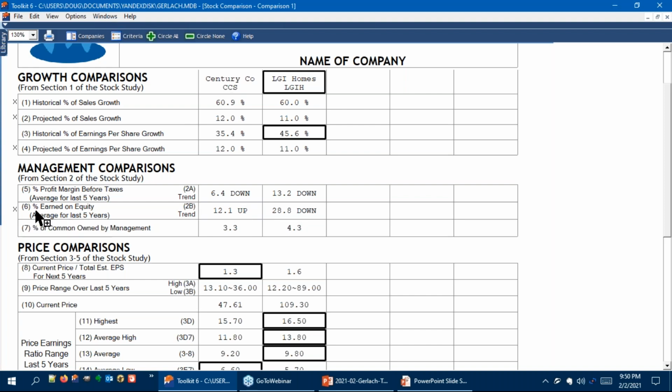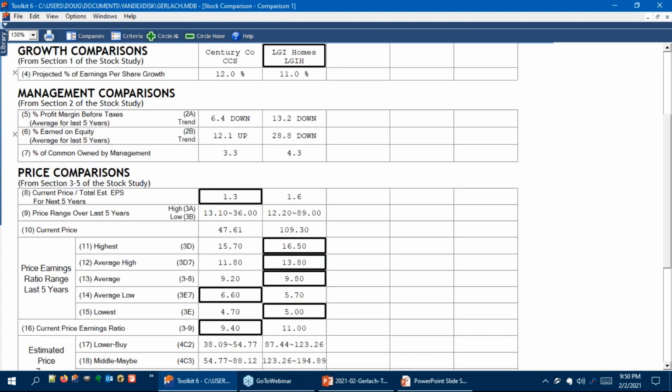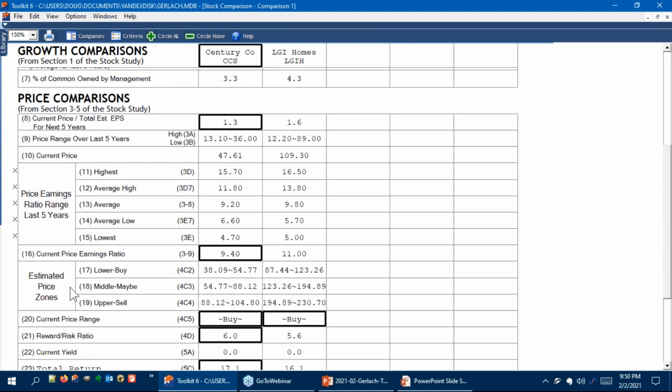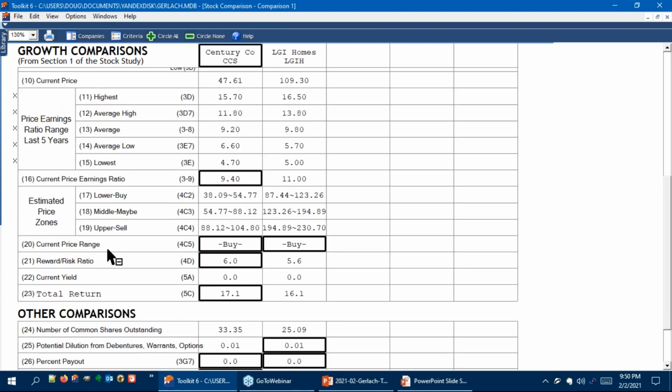I would disagree with that, so I'm going to take off that. Both of them are in a downtrend, so Toolkit won't even calculate a winner there, but I would say LGI Homes definitely wins. I would take off all of the PE ratios because I don't think they're very useful. I'll leave the current PE ratio on.